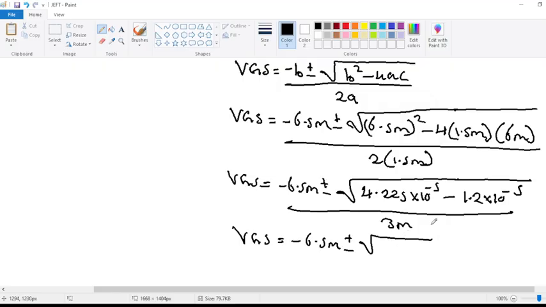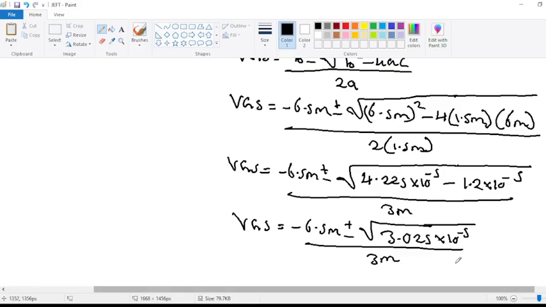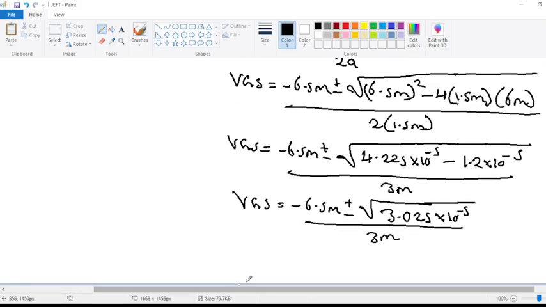So from there, 4.225 exponent negative 5, you subtract 1.2 exponent negative 5, we're going to have 3.025 times 10 raised to negative 5. From there, we divide everything by 3 milli. Okay, we have this. Let me just expand the board.